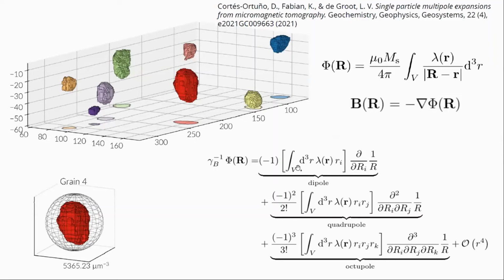Usually the magnetization is obtained from the dipole moments, but more information is contained for more complex geometries in these higher order terms. And we use this model, so for each grain we obtain all of these magnetic moments, and we are trying to figure out what's the nature of them.